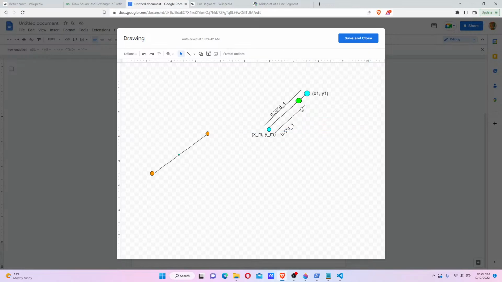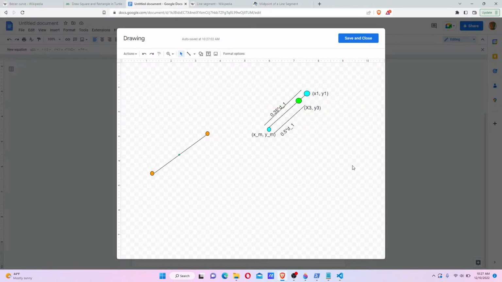Okay, and then this is going to be x3, y3, the green point.